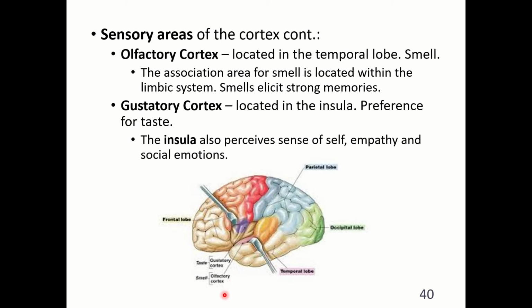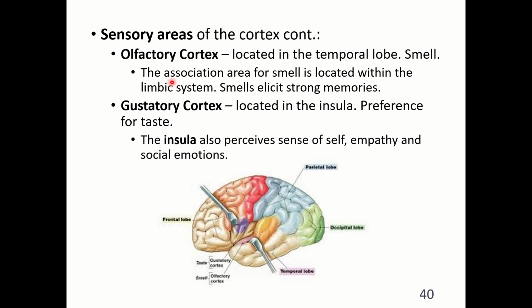The last two sensory areas of the cerebral cortex include the olfactory cortex located in the temporal lobe. And we can see it, it's a little blurry. So there will be a primary olfactory cortex which directly receives the smell, and the association area that will have the memories of the smell.